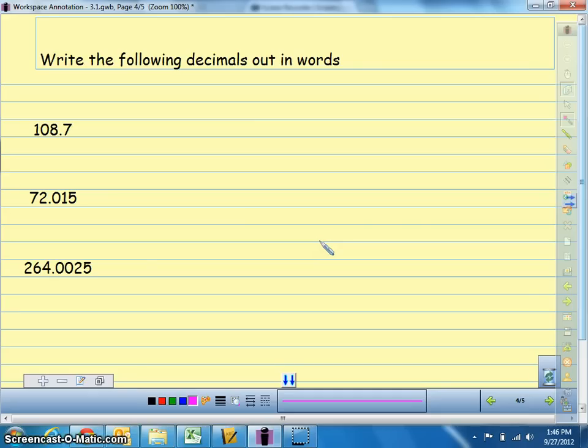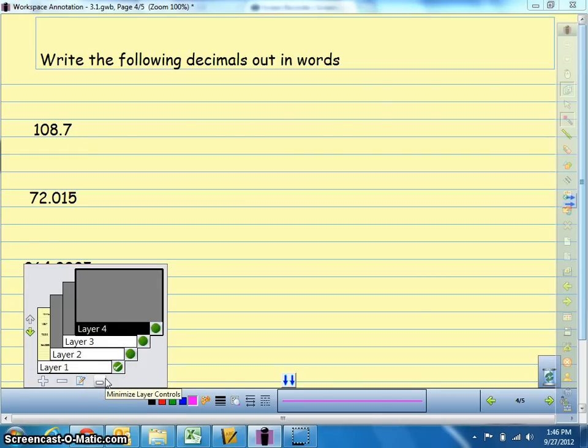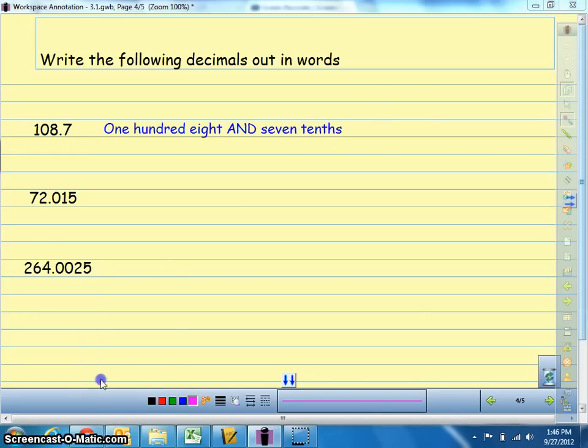Well, technically we would say that's 108 and 7/10. We only have one place value here to the right, and so that's the tenths place. So what we would do is we just write it as we would correctly say it, and so let's go ahead and look at that. 108 and 7/10.